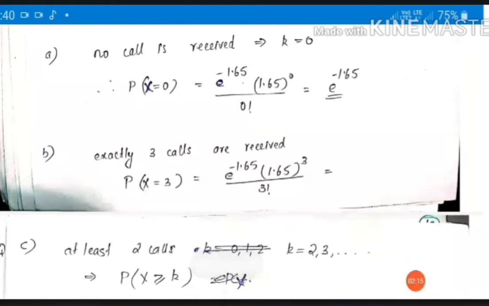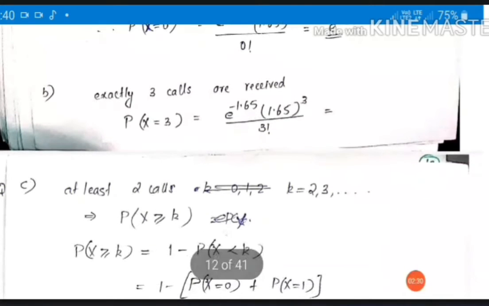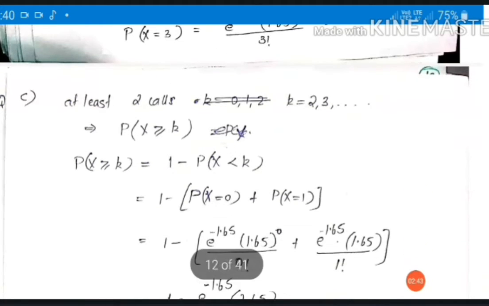The next case is exactly 3 calls are received. So k will be 3. The probability of X equal to 3 equals the usual equation, e raised to minus 1.65 into 1.65 raised to 3, divided by 3 factorial.